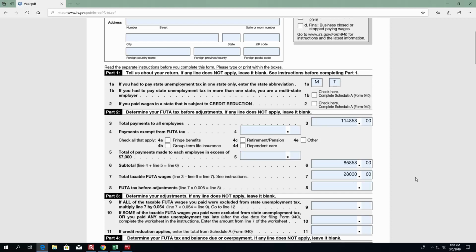No. What we're talking about is basically line 5, total payments in excess of $7,000. Lines 4 plus 5 equal line 6, so you can fill in line 5. I'm just reading that. I'm not going to make it complicated by giving you anything up here.